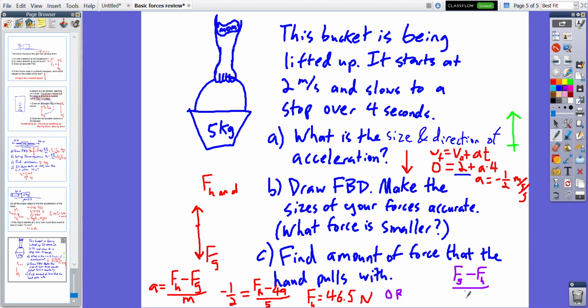That's totally fine too, but then what that means is that your acceleration of 1/2 will actually be positive, because you're now making down the positive direction. And so you'd have 49 minus hand, and if you do this, you will also get 46.5. All right. So just be really careful about your sign setup here. These are the only two ways you can do this last one to get the right answer.